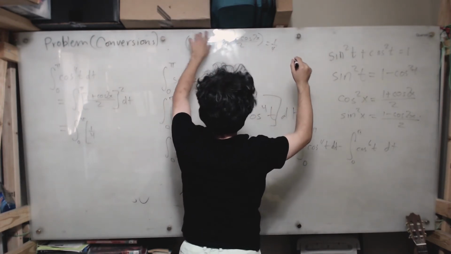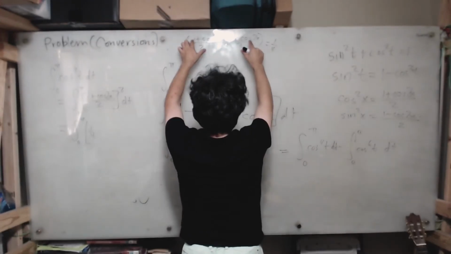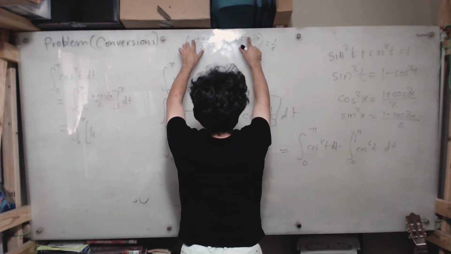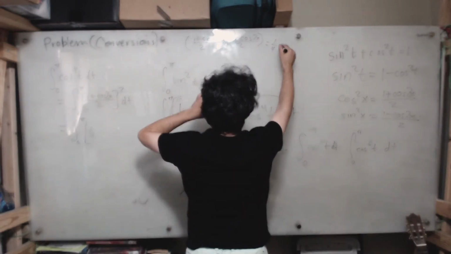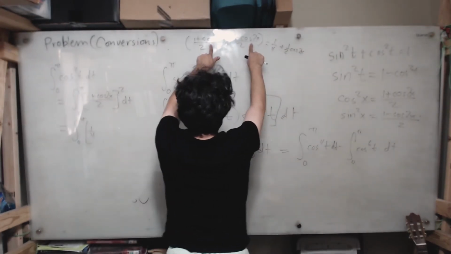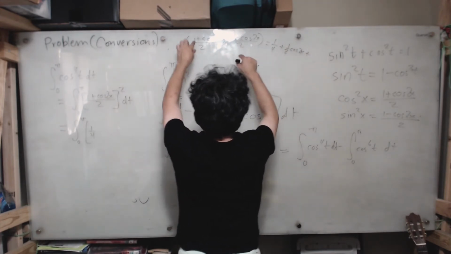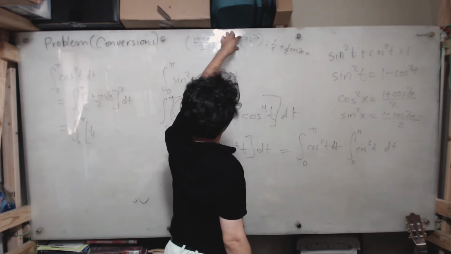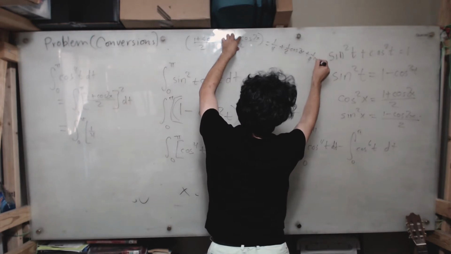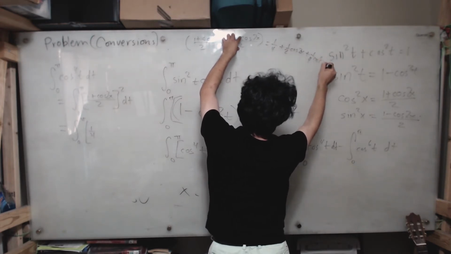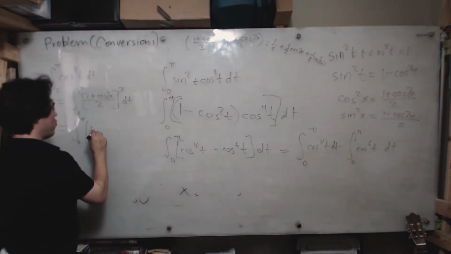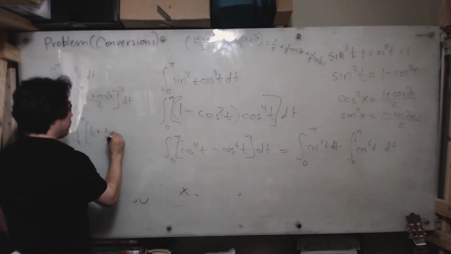Then 1/2 times cosine 2x over 2 will be 1/4 cosine 2x, plus another 1/4, so essentially plus 1/2 cosine of 2x.